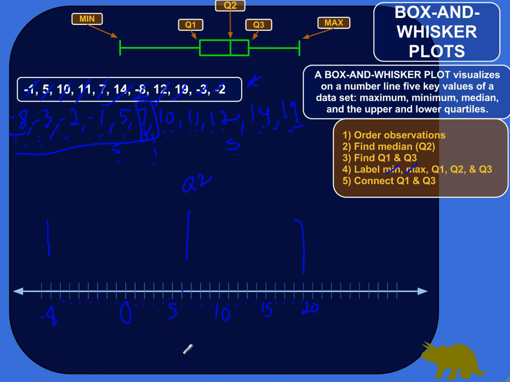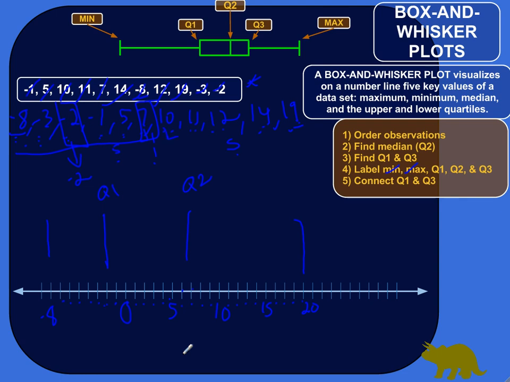So the median will have 2 values lower than it and 2 values higher than it. So -2 is the median of the lower half of the data. That's Q1. So we've got -1, -2. There we go. That's Q1, the lower quartile, the median of the lower half of the data.